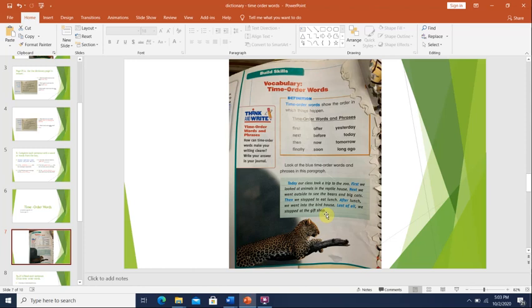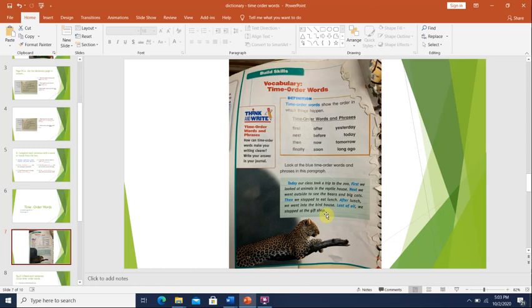So first they went to see the reptiles, then they went to see the bears and the cats. What did they do after that? Then they ate lunch. Okay, did they do anything after lunch? Yes, they said after lunch they went to the birdhouse, a place that has different types of birds.